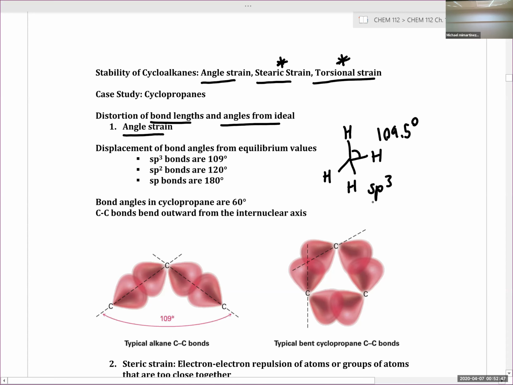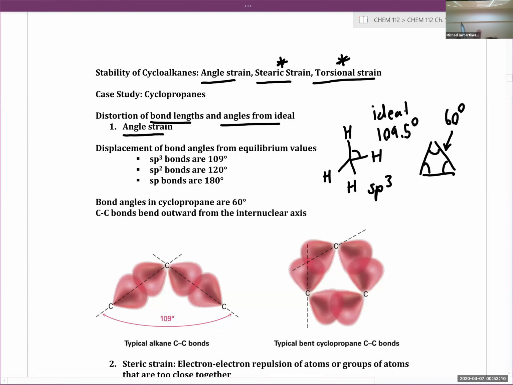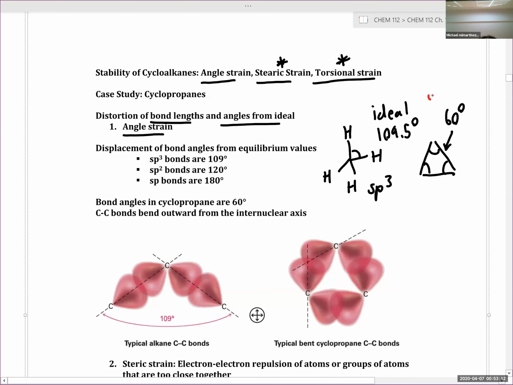Wonderful. Now, if we think about cyclopropane for a moment, we're going to begin to notice a bit of a square peg and round hole problem. The bond angle for cyclopropane is about 60 degrees. So we have a clear mismatch between our ideal bond angle and the observed bond angle.